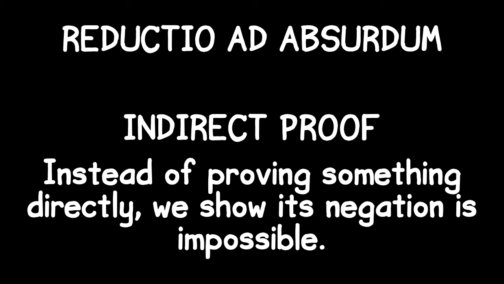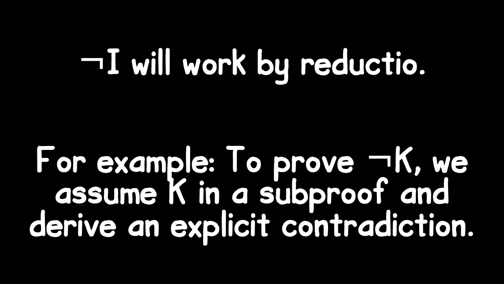Reductio is also commonly called indirect proof. Instead of proving something directly, we show that its negation is impossible. Our negation introduction rule will work by reductio. For example, to prove not K, we assume K in a subproof and derive an explicit contradiction.